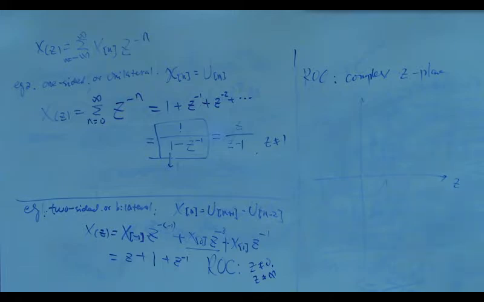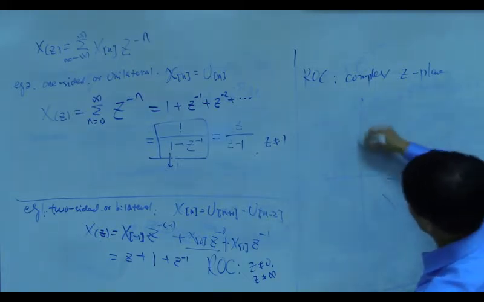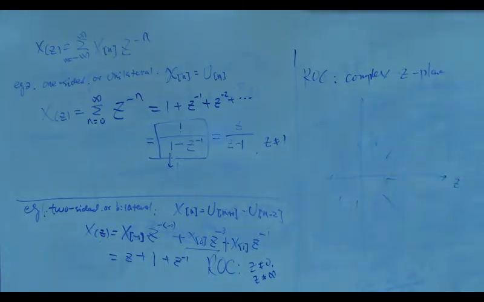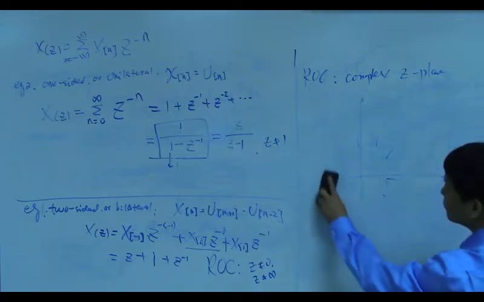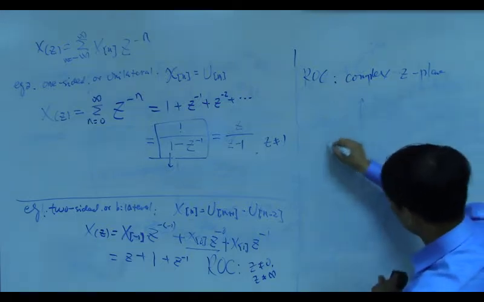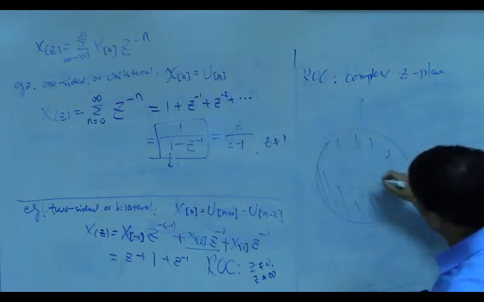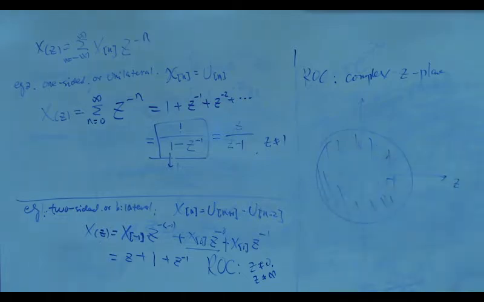The region of convergence can be outside, like this. It can be inside, like this, or it can be a ring, like here, inside this and outside this.